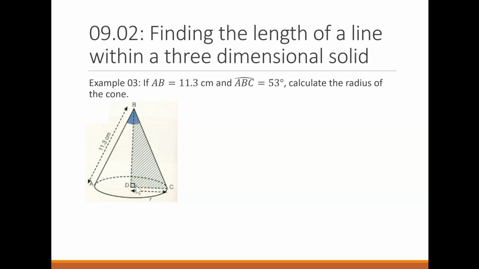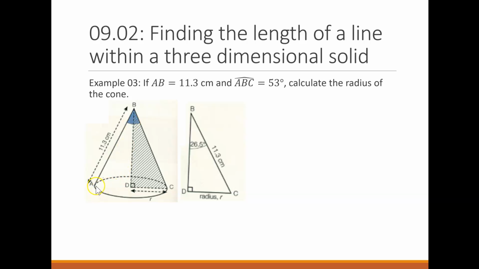Everybody cool? So obviously this side is 11.3. What else can I get out of this? That's not enough, right? That's only one measurement. What is that angle? Why can I just divide 53 in half? It needs a little bit more than that.